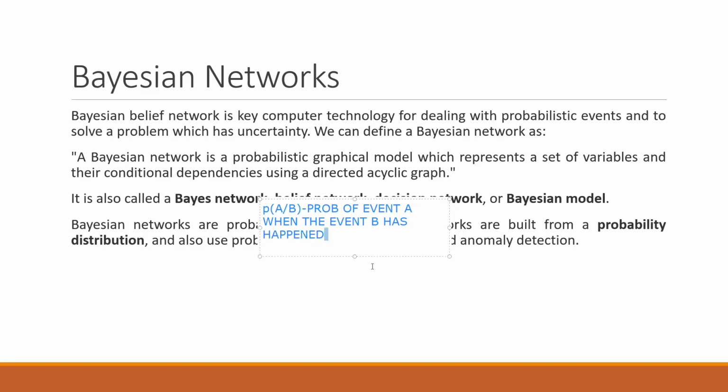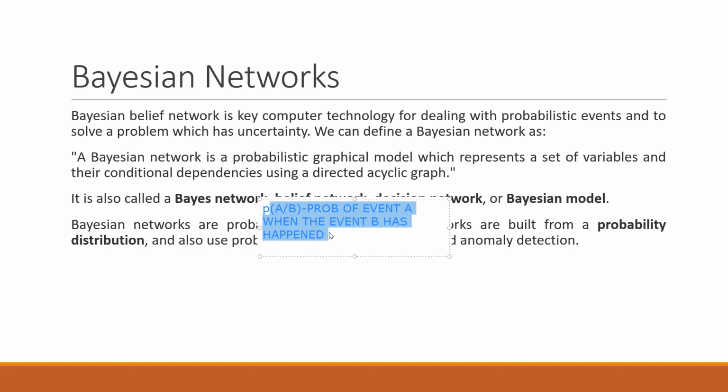Now we can see we have this Bayes concept. How is this Bayes concept used in machine learning? Whenever we have events which are sequential, where the current event is dependent on the previous event, in that case we use a Bayesian network.